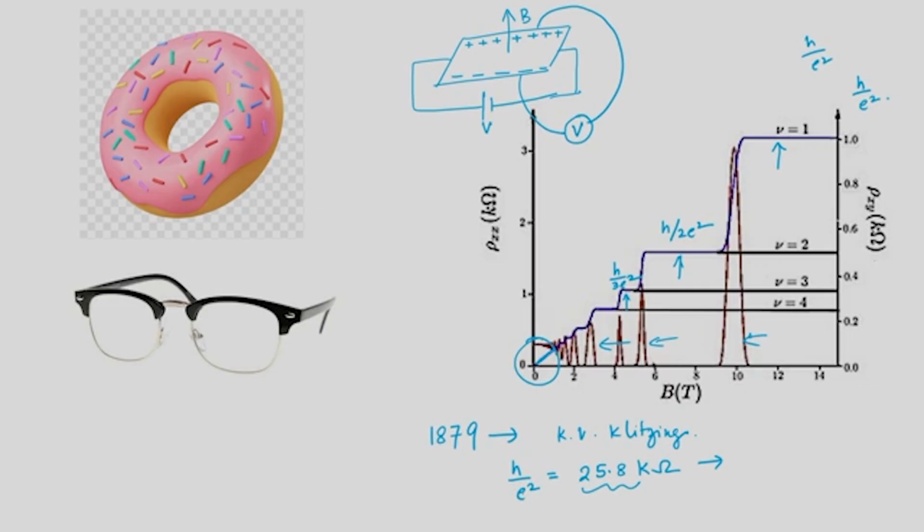H is Planck's constant and E is the electronic charge. So H over E square is what you see here. So this helped us to benchmark the value of resistance, and H over E square is actually 25.8 kilo ohms. So if you want to know the value of 1 ohm, H over E square divided by 25.8 kilo ohms would be the value of 1 ohm of resistance.